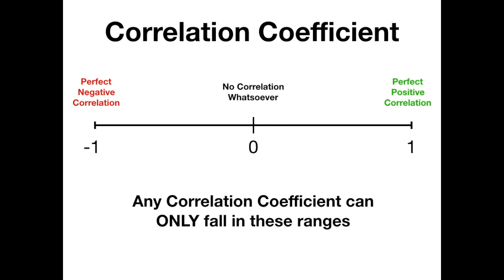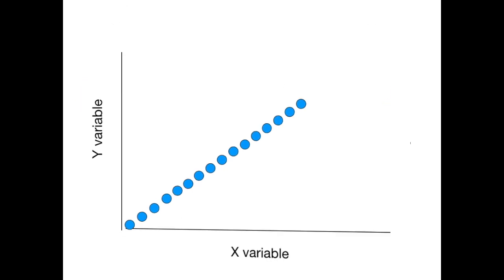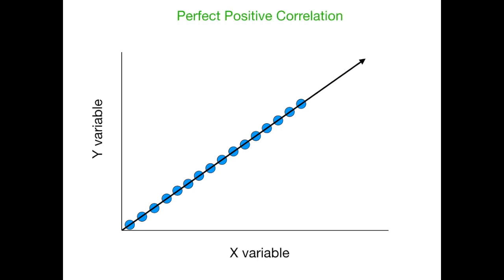So let's take a look at some examples here. This is going to be considered a perfect positive correlation, because you notice all the points, you can draw the slope of a line directly through these points. So that means it's a perfect positive correlation.